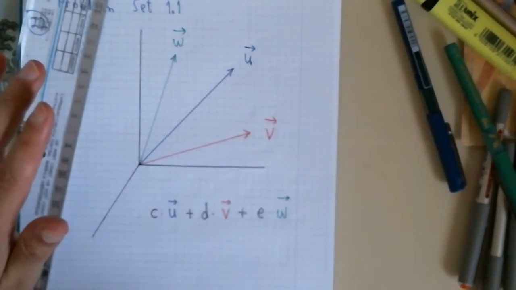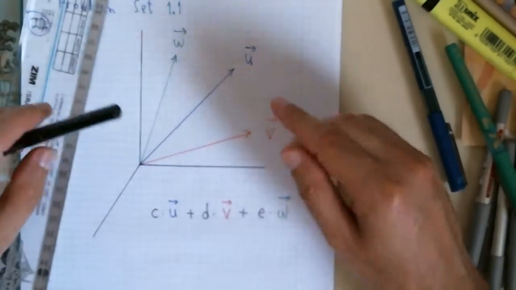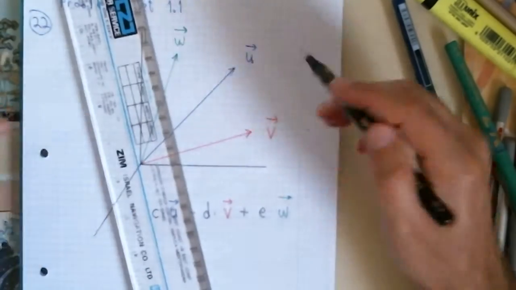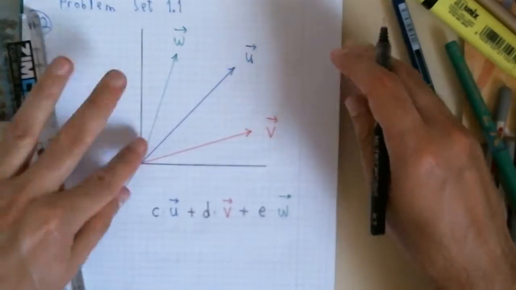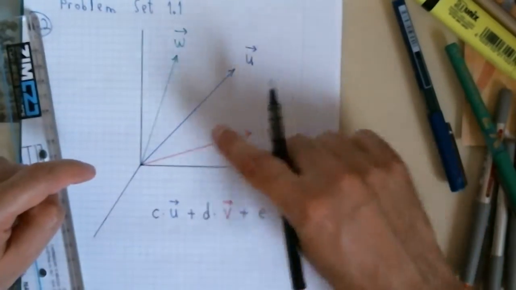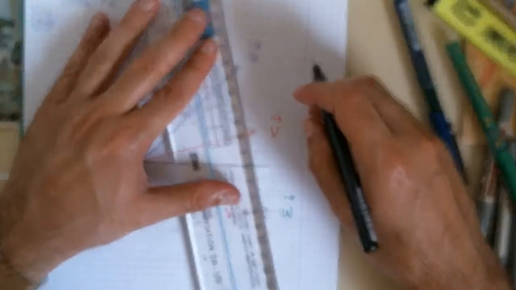But you understand that the pyramid that they call is made of these three lines in space.